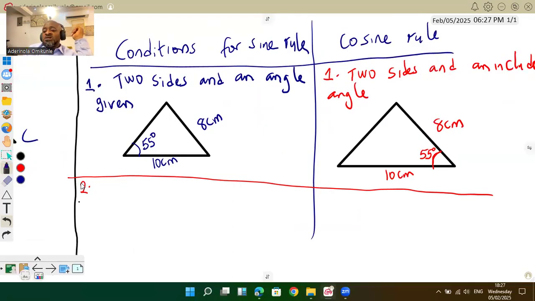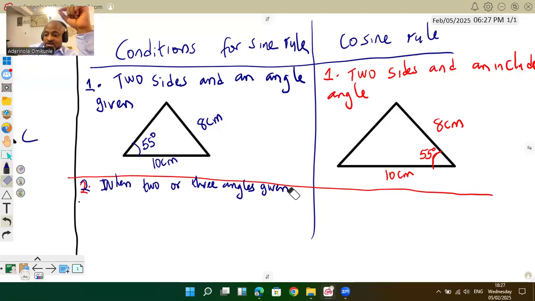The second condition for sine rule is when two or three angles and a side are given.